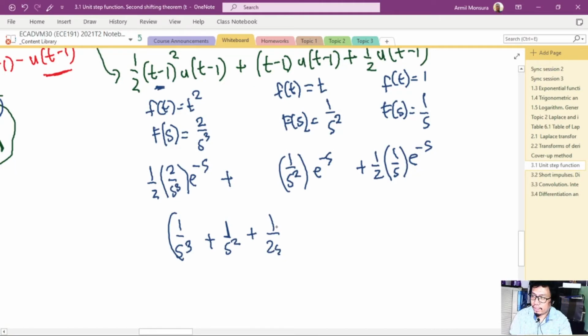And then I'll multiply everything with e raised to negative s, because e raised to negative s is common in the 3 terms.